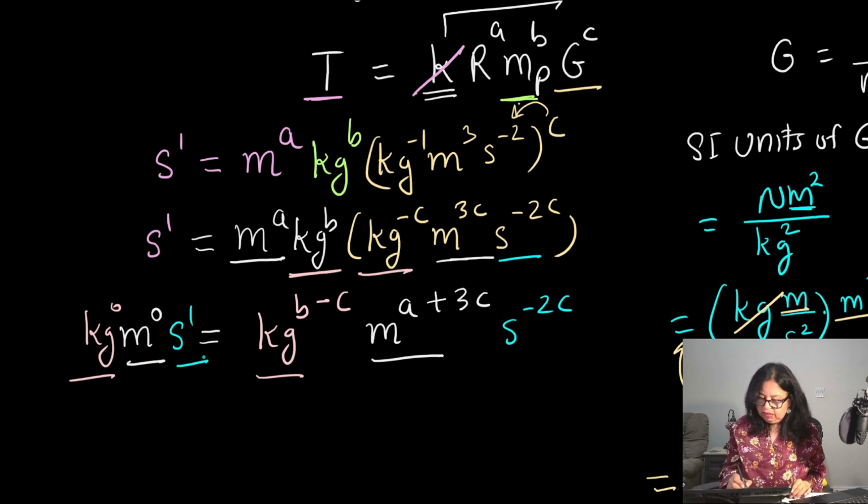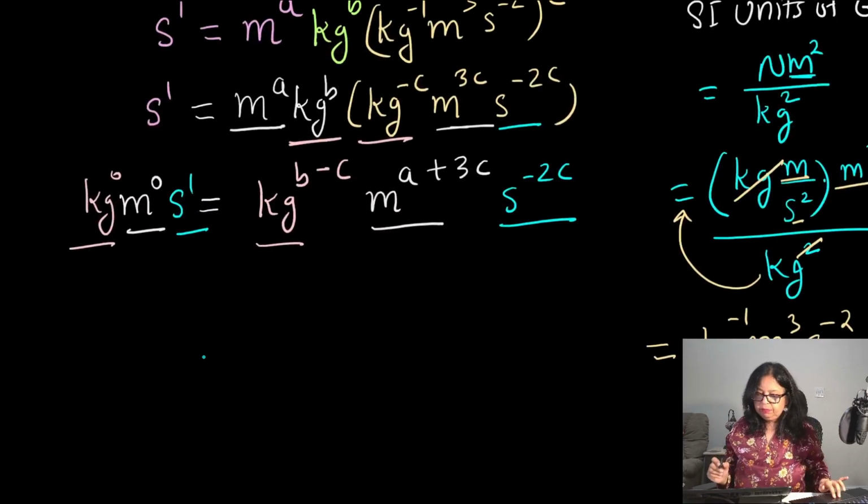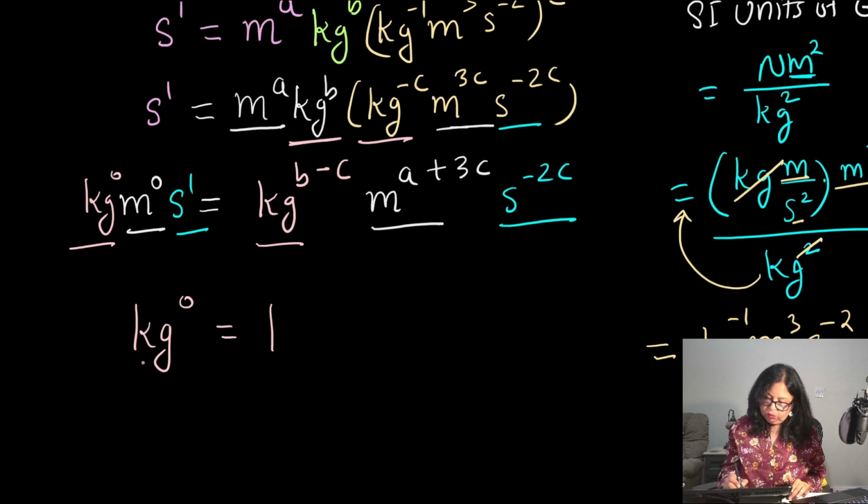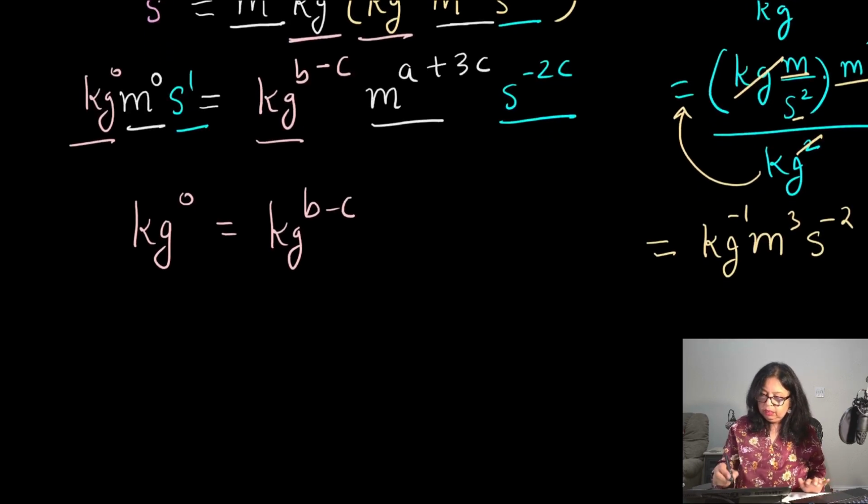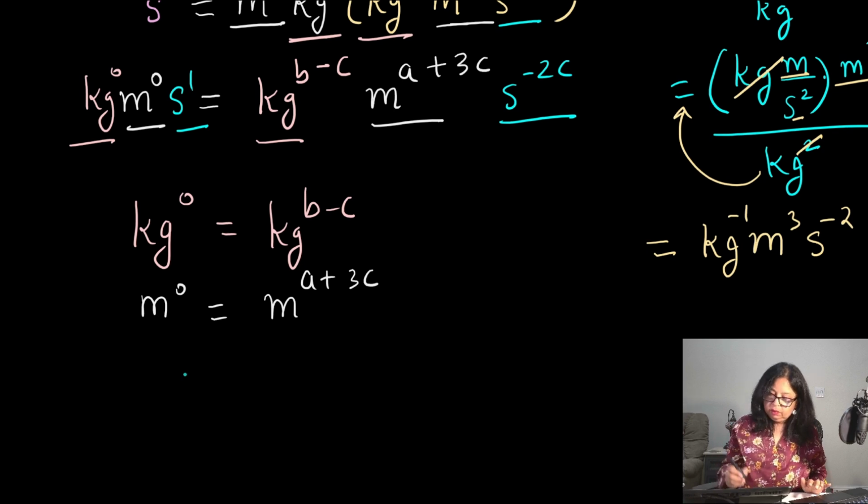And seconds, what does that mean? Just like before. Kilograms to the power 0 equals kilograms to the power B minus C. Meters to the power 0 equals meters to the power A plus 3C. Seconds to the power 1 equals seconds to the power minus 2C.